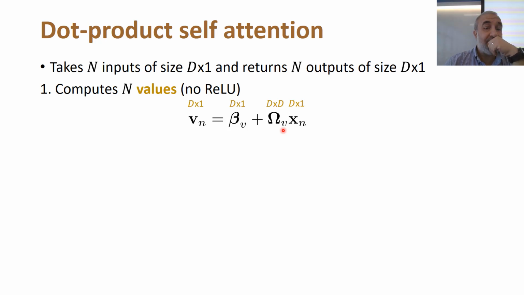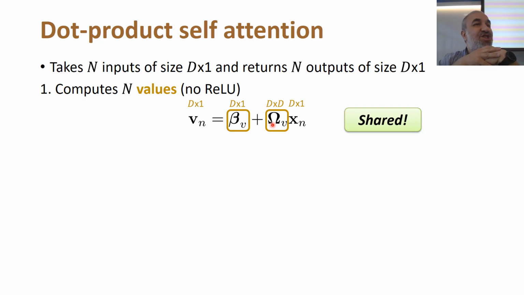So if I change n here, this will still be the same matrix, which means that the weights and biases here are shared among the words. The same weights and the same biases will be used to convert any input embedding vector to its value vector. Is that clear?